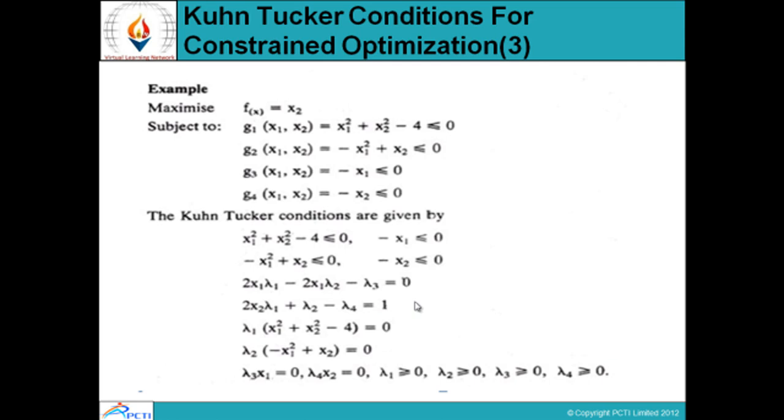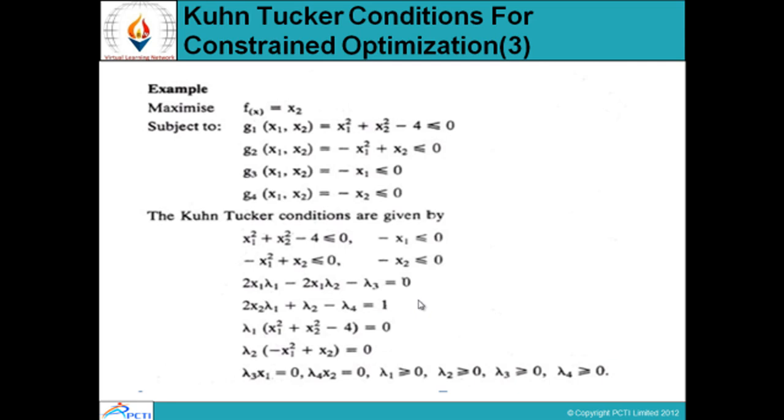The Kuhn-Tucker conditions are given by x1 square plus x2 square minus 4 less than or equal to 0, minus x1 less than or equal to 0, minus x1 square plus x2 less than or equal to 0, minus x2 less than or equal to 0, 2x1 lambda 1 minus 2x1 lambda 2 minus lambda 3 equal to 0, 2x2 lambda 1 plus lambda 2 minus lambda 4 equal to 1.